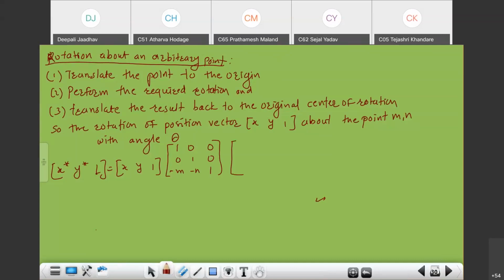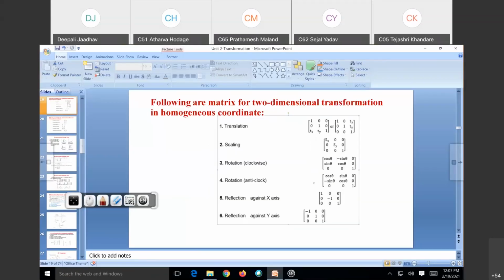For rotation, the transformation matrix is cos theta, sin theta, minus sin theta, cos theta. This one we are using.